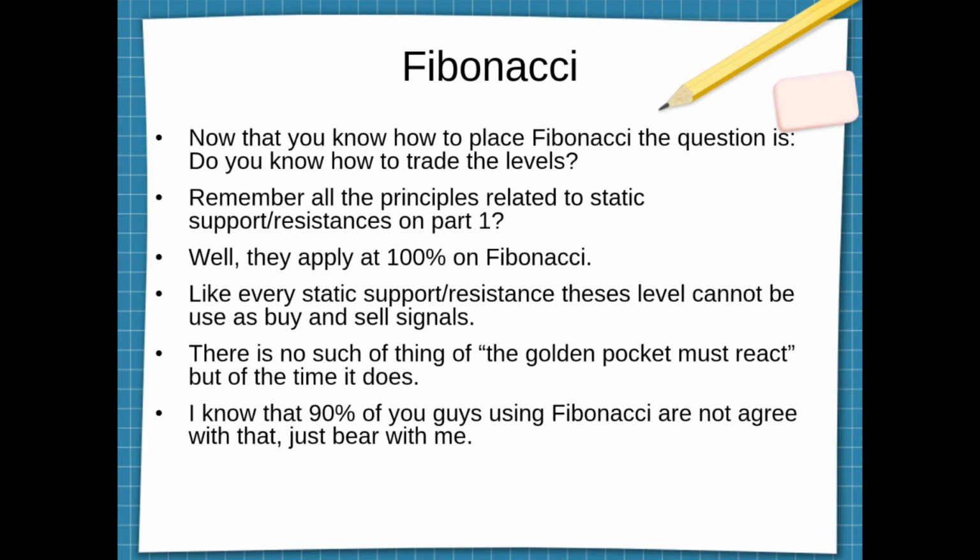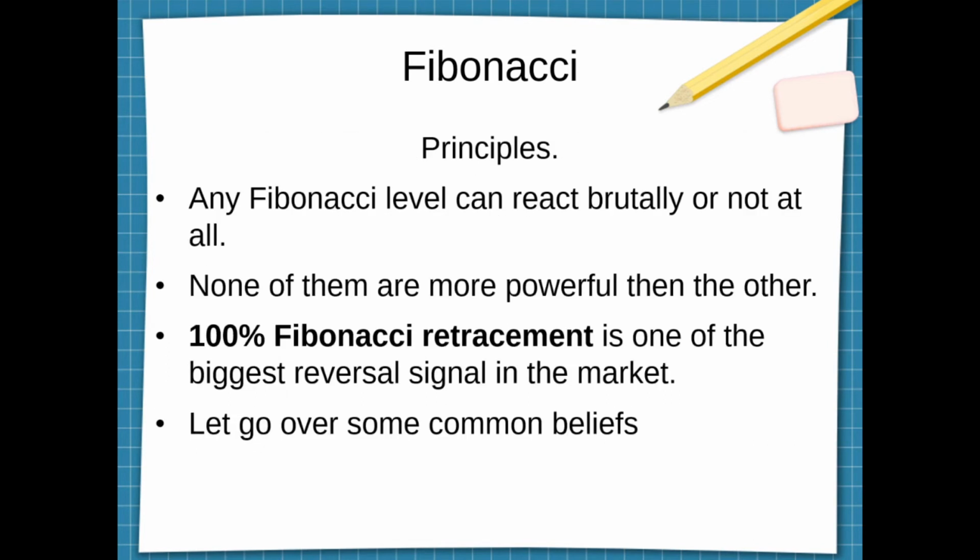So I know that 90% of you Fibonacci traders will not agree with that, but we're gonna go ahead and see that. Now, any Fibonacci level can react brutally or not, and honestly, the reaction we get from different levels on Fibonacci tells you more about the trend in itself, the sentiment.